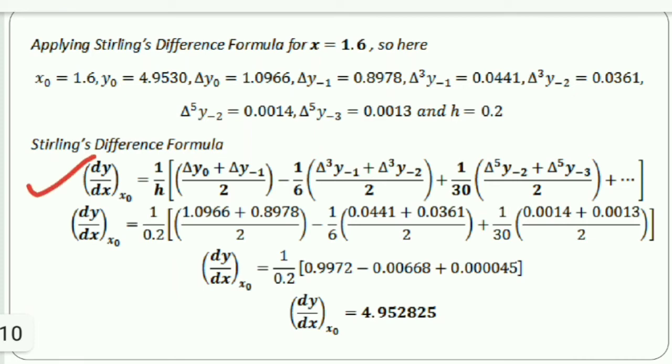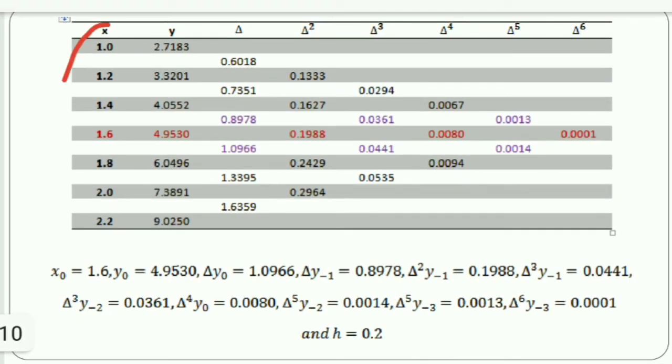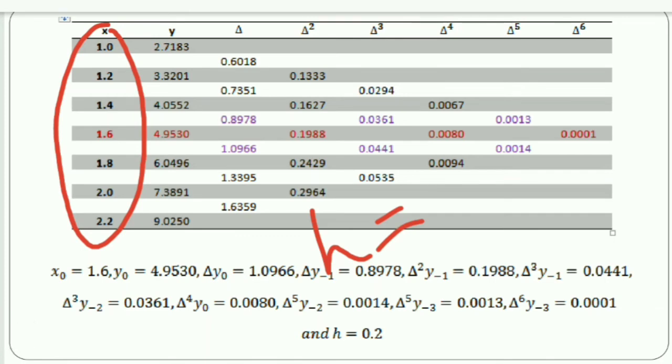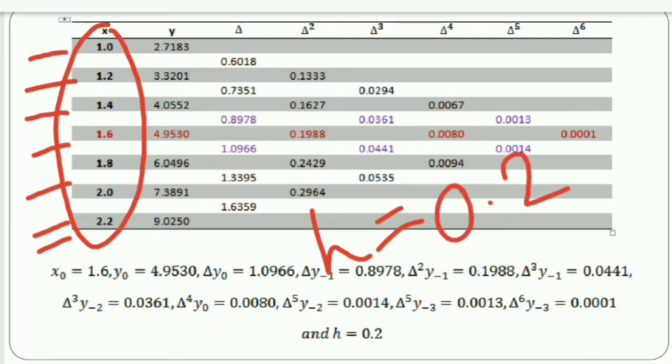So here you can see the equation for dy by dx using Stirling's difference formula is this. Right, so here what is h? Let's check. So this is my x-axis values. h is the equal interval difference between each value. So here we have an equal difference of 0.2.